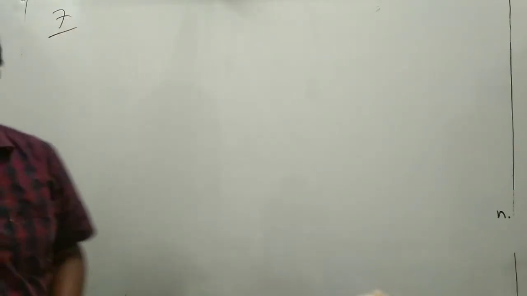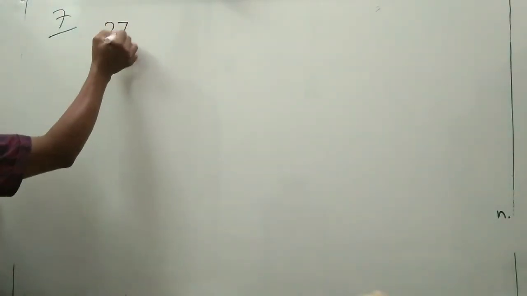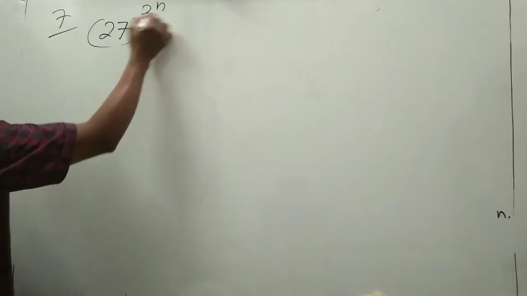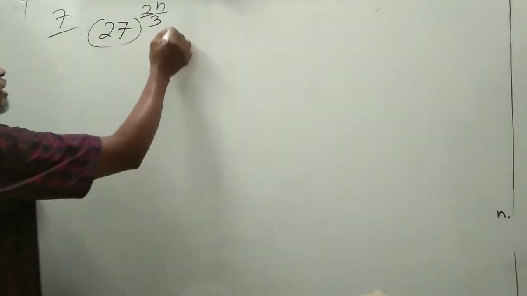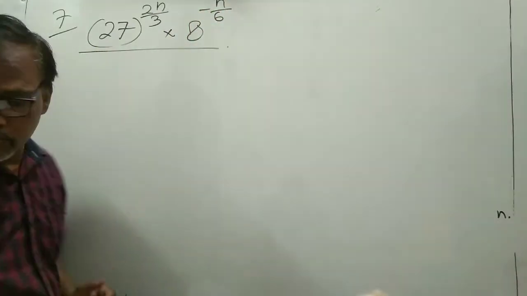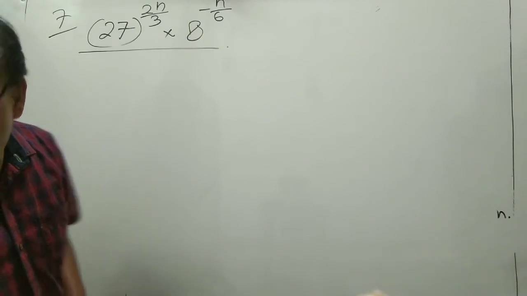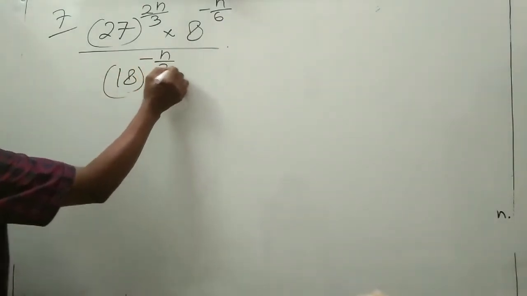7th question, the first part: 27 to the power 2n by 3 into 8 to the power minus n upon 6, upon 18 to the power minus n upon 2.